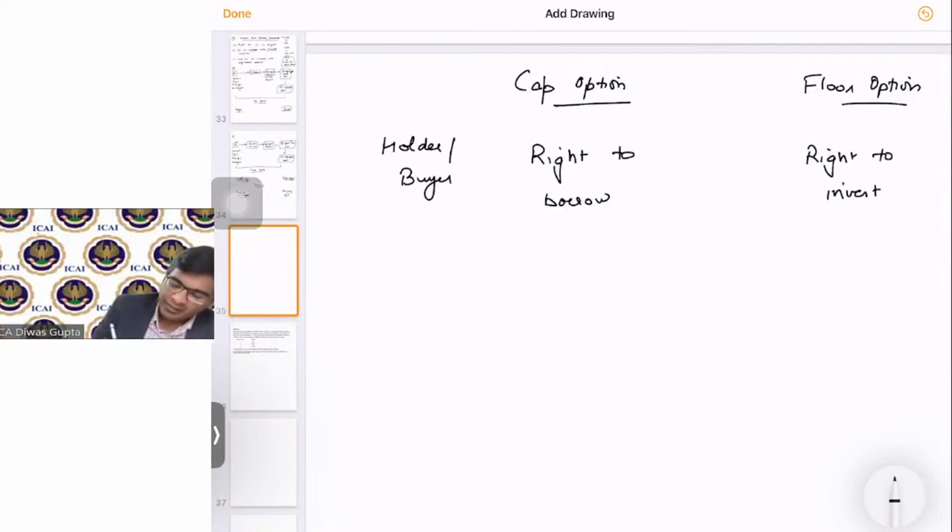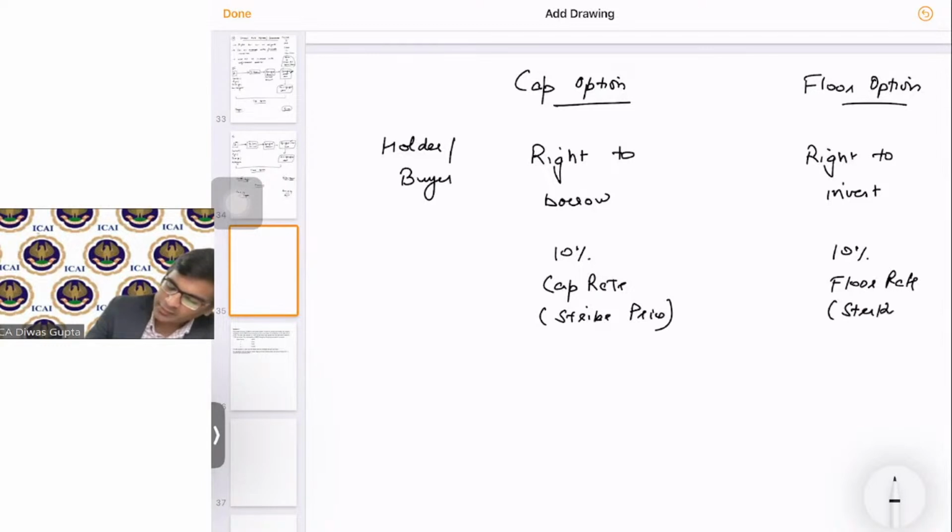Okay. Now let's say 10% is the cap rate. And here also 10% is the floor rate. This is nothing but the strike price. This is also the strike price. Okay, students.